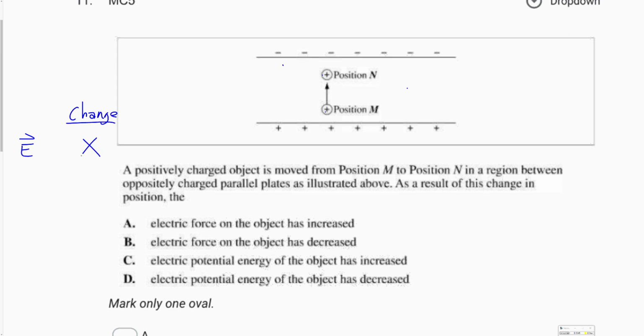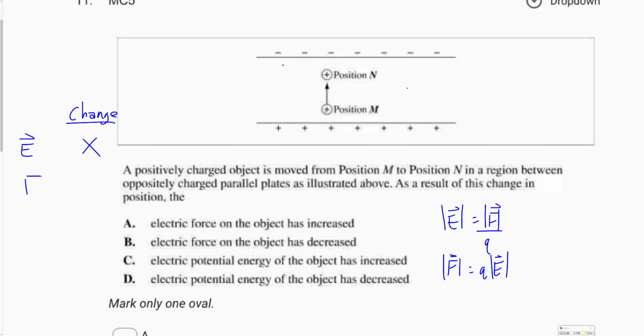Agree? Good. Okay, if the field doesn't change, and look at my equation, E is equal to F over Q, and F is equal to Q times E. Well, the charge certainly isn't changing. If the field isn't changing, then what does that tell us about the force? Does the force change?